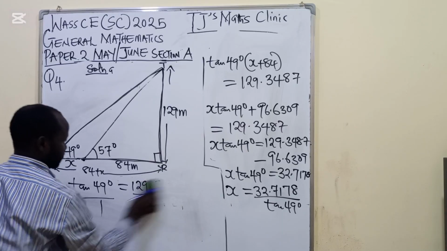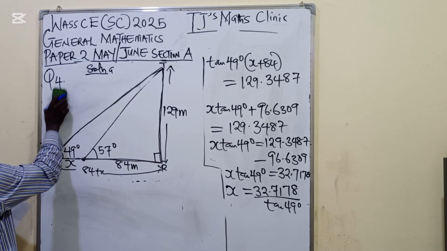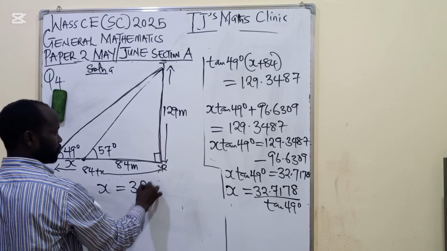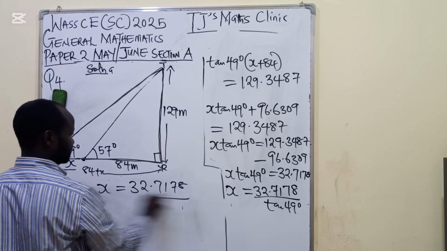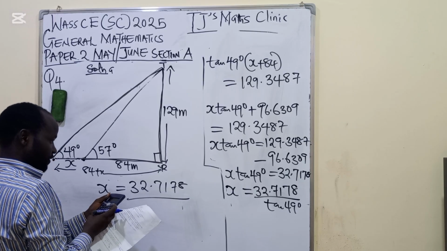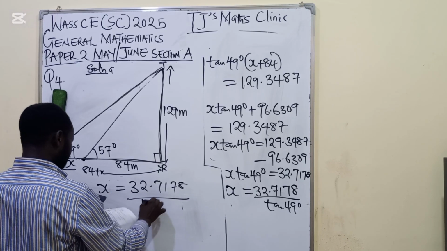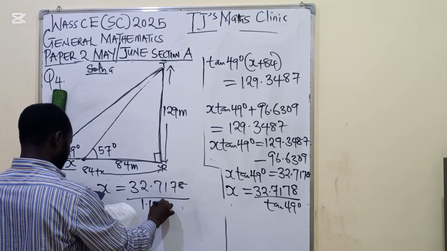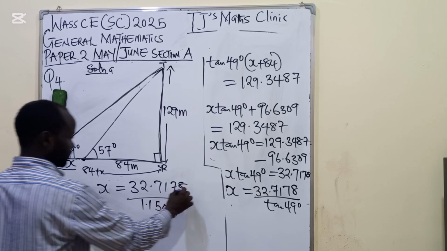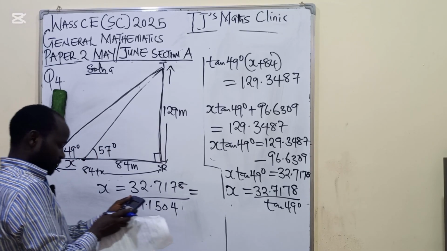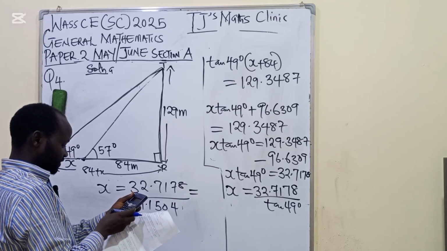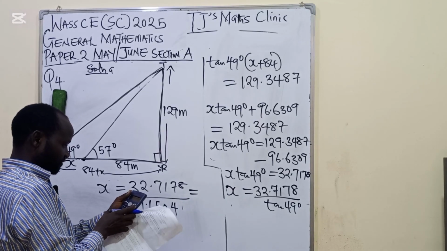So let me clean here to achieve that. So x now will be equal to 32.7178 divided by tan 49. Make sure that your calculator is in degree mode. Tan 49 will give us 1.1504 to 4 decimal places. We divide now 32.7178 divided by 1.1504.